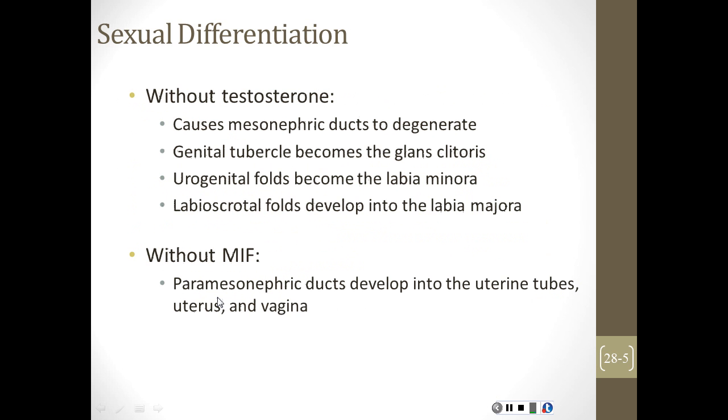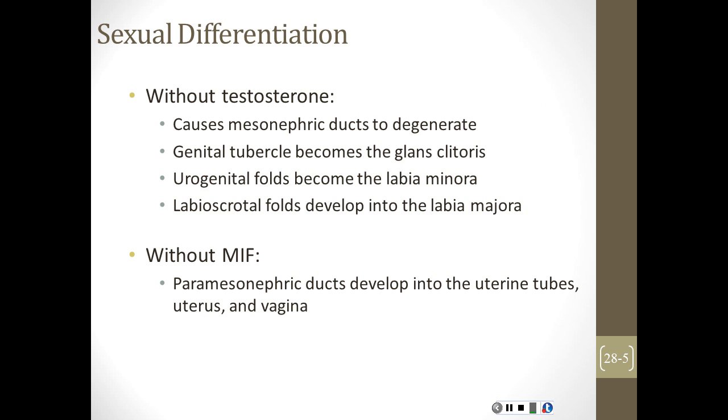Now, without testosterone, the mesonephric duct starts to disintegrate. And the genital tubercles become the glans of the clitoris, which I showed you guys in chapter 27, how various structures form the clitoris, or how they form the penis and everything else.